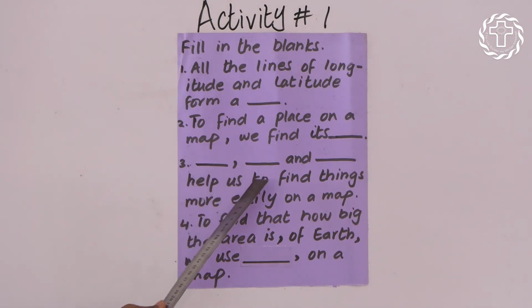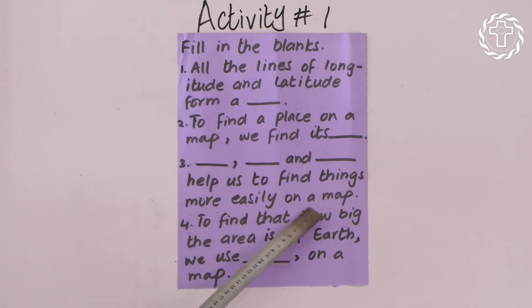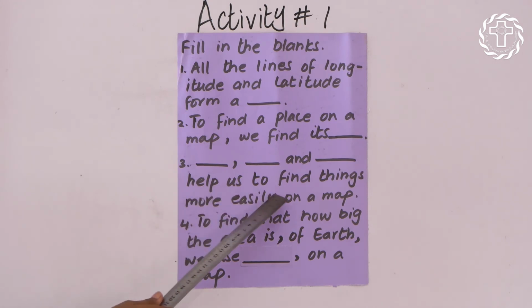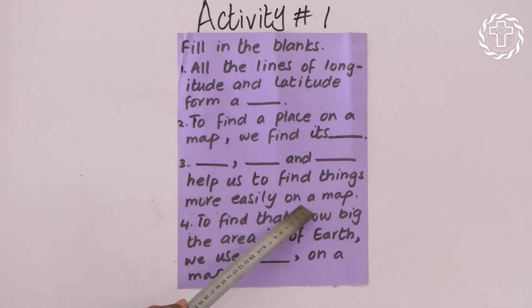Dash, dash and dash help us to find things more easily on a map. Symbols, colors and patterns help us to find things more easily on a map. To find how big the area is of Earth, we use dash on the map. We use a scale on a map.